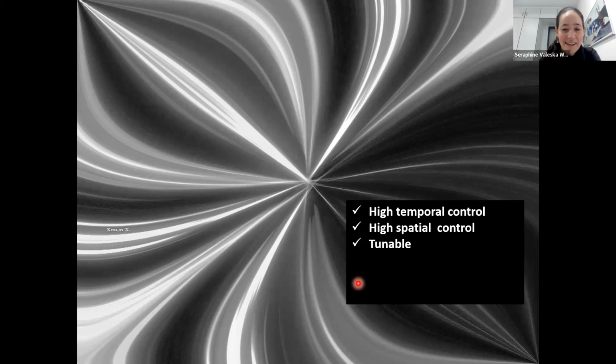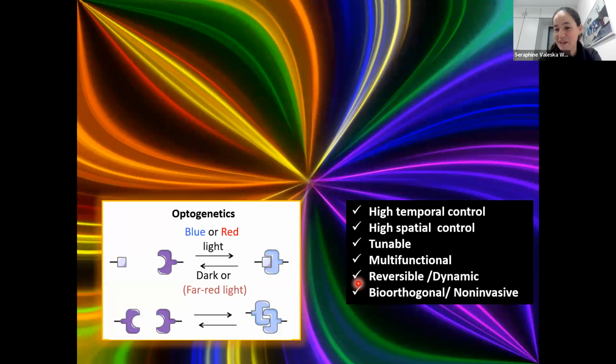The other thing that we like about light is that the rainbow has many colors, and therefore we can use different colors of light to address different functions within our systems orthogonally. To do so, we use a set of wonderful proteins that come from optogenetics. These are photoswitchable proteins that respond to visible light.